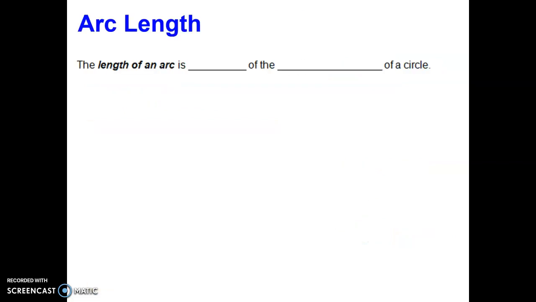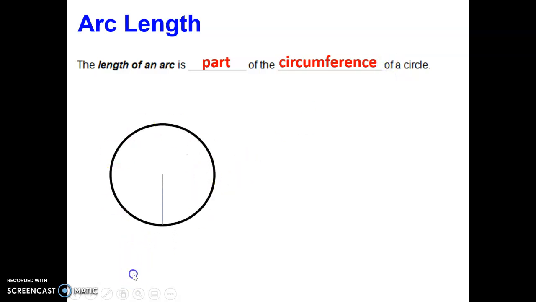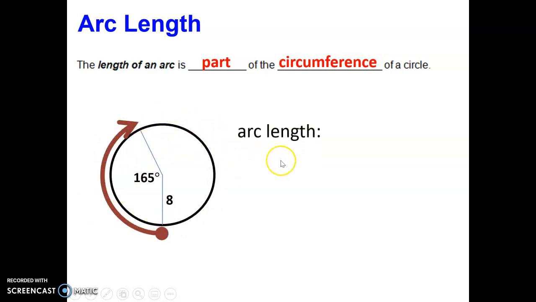Arc length is part of the circumference of a circle. So if we have a circle, and we know that angle is 165 degrees, and this radius is 8, we can find the length of this arc here because it is a portion of the full circumference. So let's try it. Use your arc length formula.